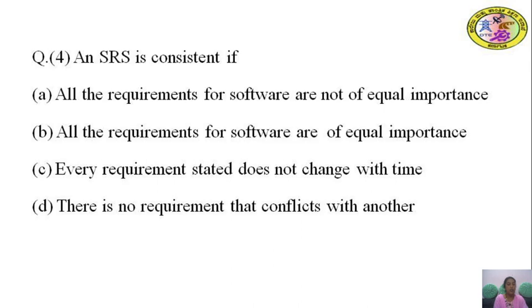D, there is no requirement that conflicts with another. Do you know the correct answer for this? The correct answer for this question is option D. An SRS is consistent if there is no requirement that conflicts with another.